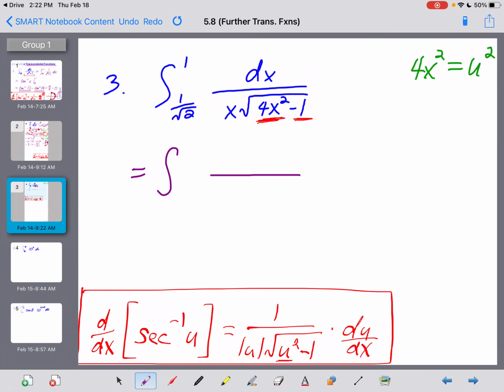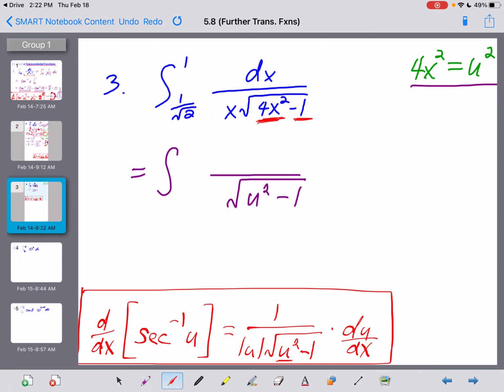You'll see why. Down in the denominator, we've got a square root of u squared, with the 4x squared replaced by u squared, and we're not doing anything to the minus 1. That right there was the hard part. We had to get the square root of u squared minus 1 in the denominator, and we've got that right now.